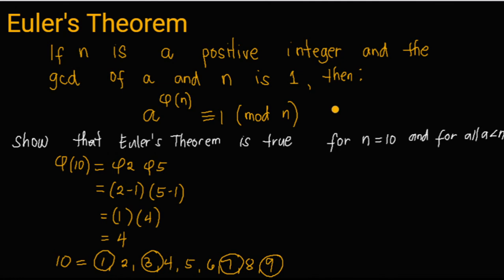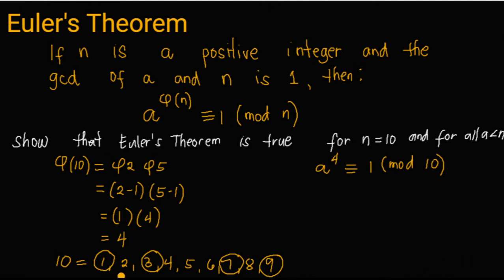Now, according to this theorem, so let us represent these numbers now to generalize the term. So let us use a. So a raised to 4, according to Euler's theorem, since the phi of n is equal to 4, so we have a raised to 4 here that will give us a remainder of 1 when we divide it by 10, right?